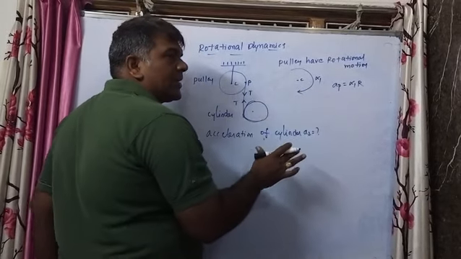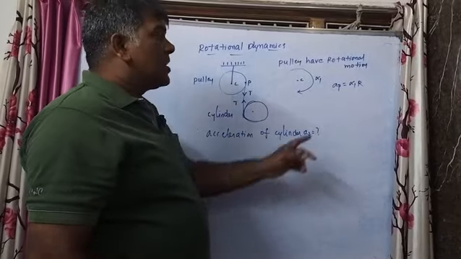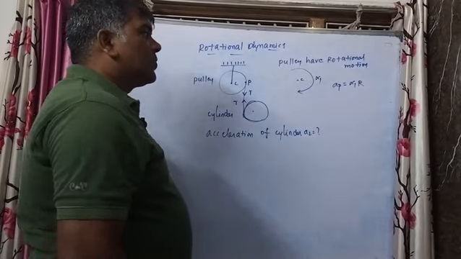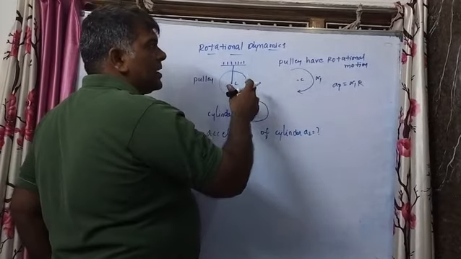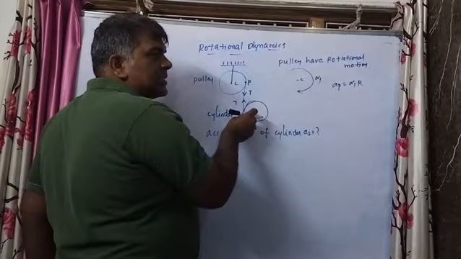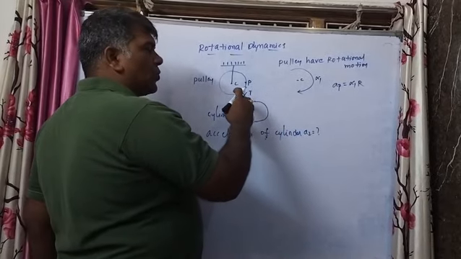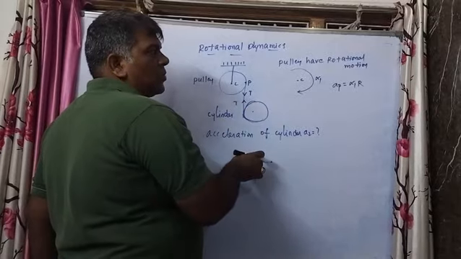Alpha 1 means angular acceleration, and AP means linear acceleration. So the pulley is revolving like this and it releases the string, and the cylinder is also unrolling the string and moving downwards.